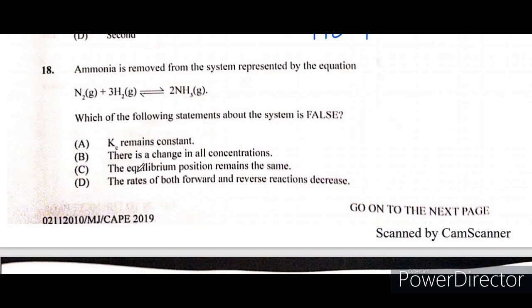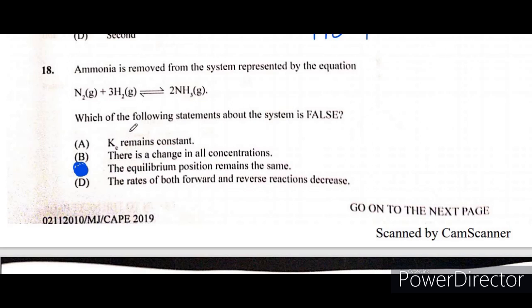The equilibrium position will shift in order to restore balance. So if we remove ammonia, the system will shift to the right, with my left hand, this is my right. It shifts to the right in order to produce more ammonia. So 18 is C.